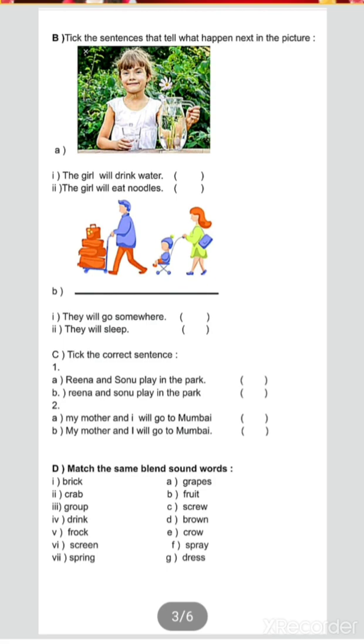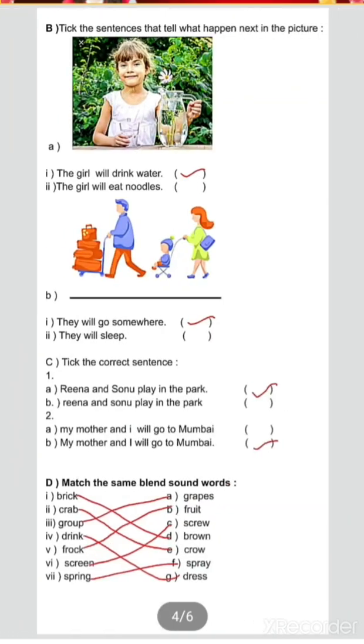The girl will drink water. The girl will eat noodles. By looking at the picture, can you see any noodles here? The next thing that will happen is that the girl will drink water. So we will tick on the girl will drink water like this.